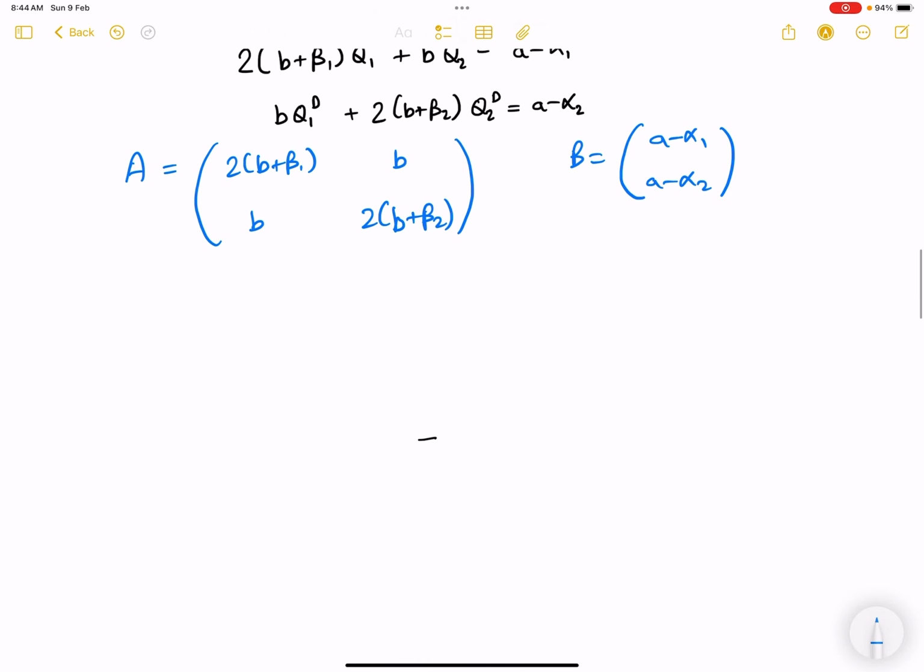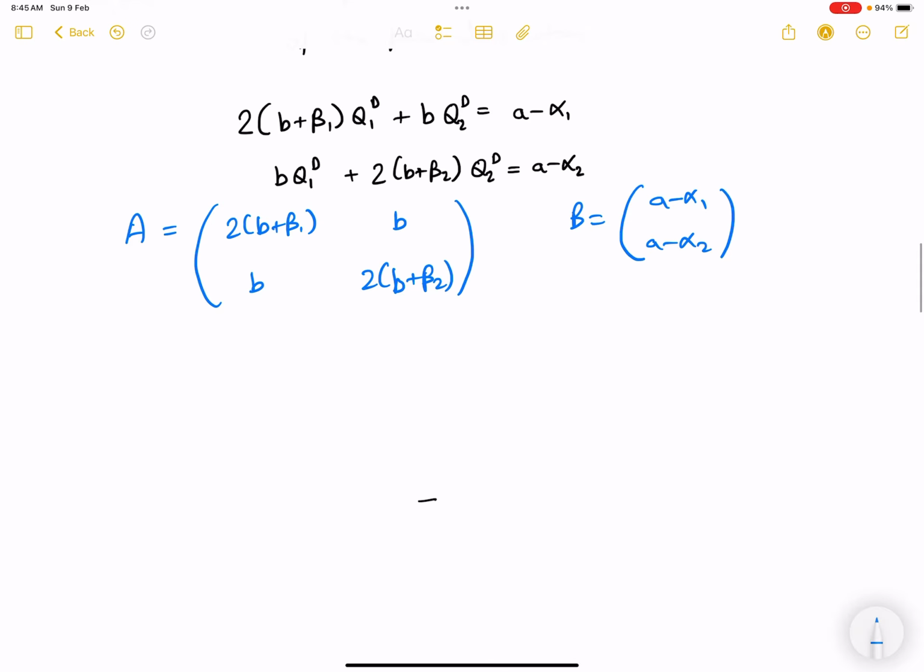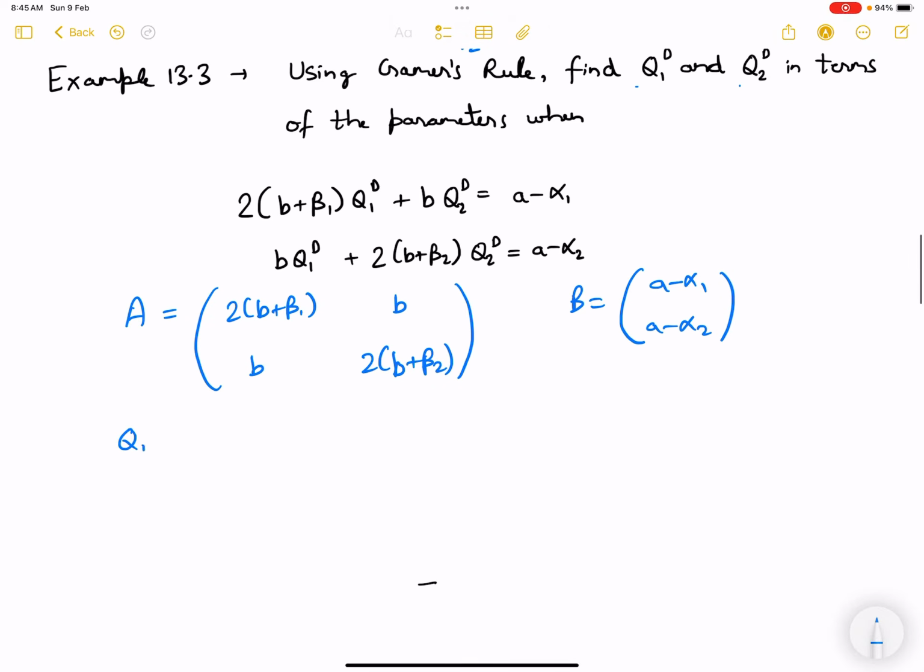Now using Cramer's rule, we can find the value of Q1D, which would be B1, B2, A12, A22 upon A determinant. So A determinant I'll solve here.